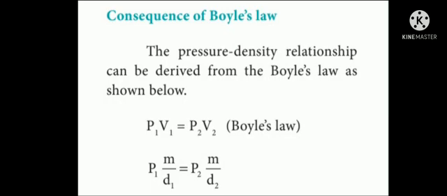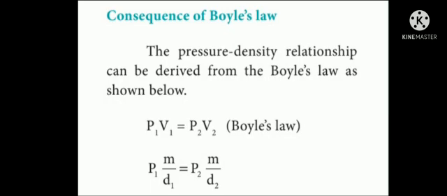Already we know that density is equal to mass by volume, where volume equals mass divided by density. It is given for two different sets of conditions. Here V1 equals m divided by d1, V2 is equal to m divided by d2.